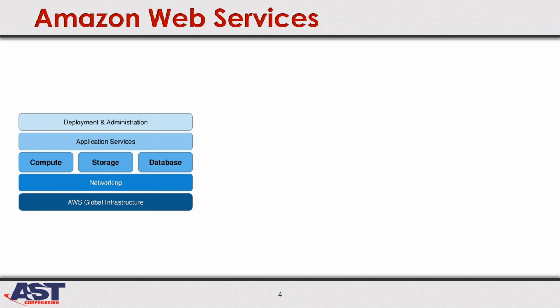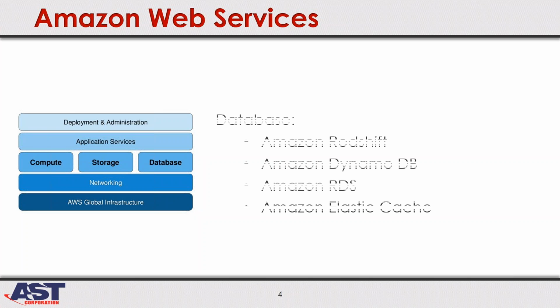So what are the databases that Amazon provides us? The first one is Redshift. Redshift is the cloud data warehouse that Amazon provides us. It's a columnar database; let me talk about that later. The next one is Amazon DynamoDB, a special database built by Amazon Web Services, which is a NoSQL database.